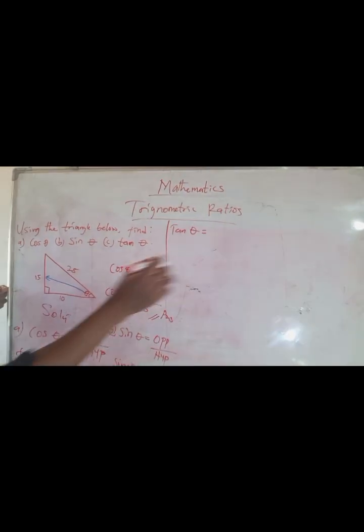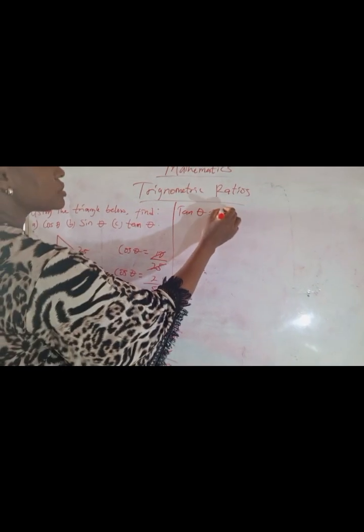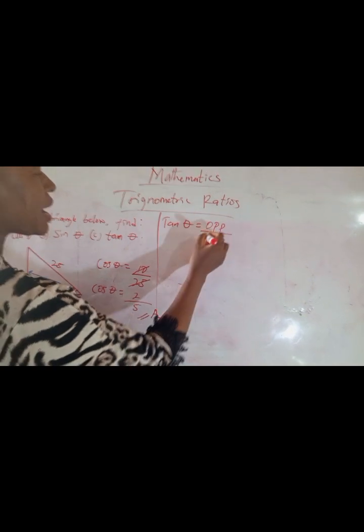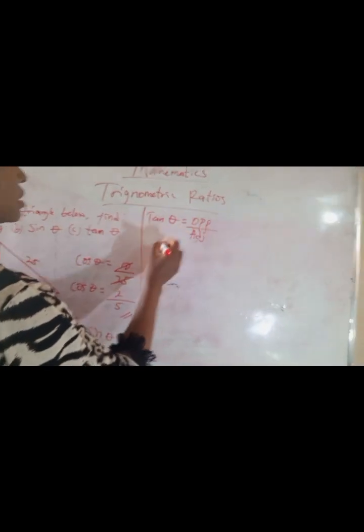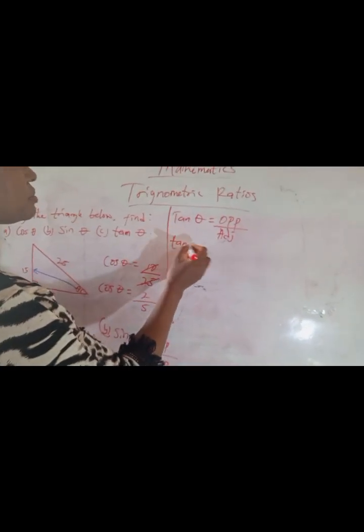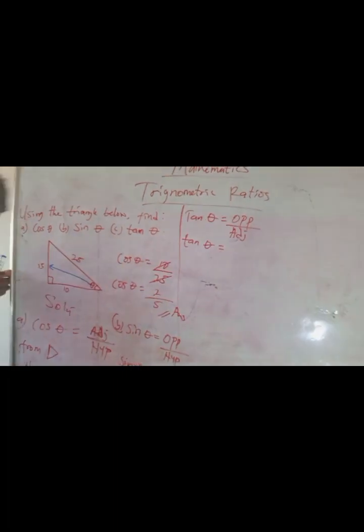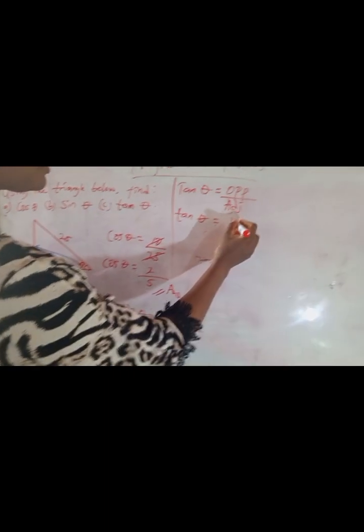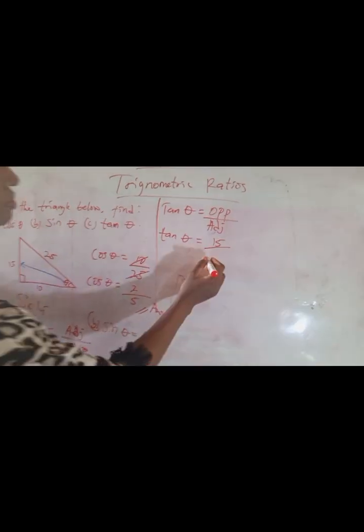Then tan theta. Tan theta is opposite over adjacent. So tan theta, opposite is 15 over adjacent is 10.